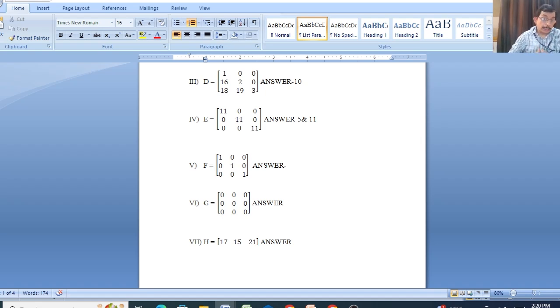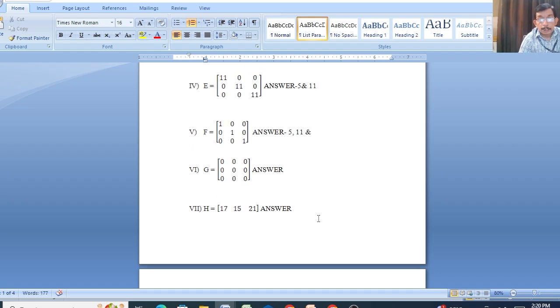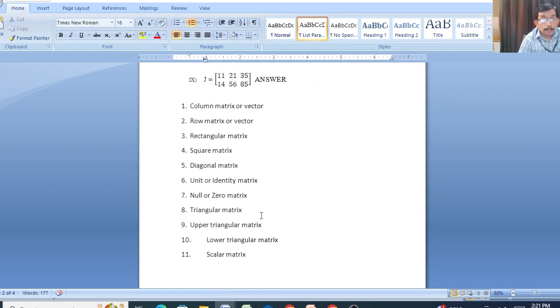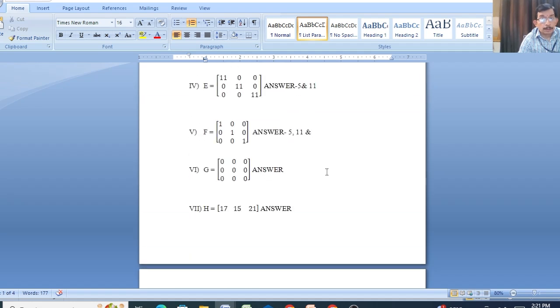So there are three types of matrix: diagonal matrix, scalar matrix, and identity matrix. So 5, 11, and for the identity matrix, we check the unit matrix number, which is 6.